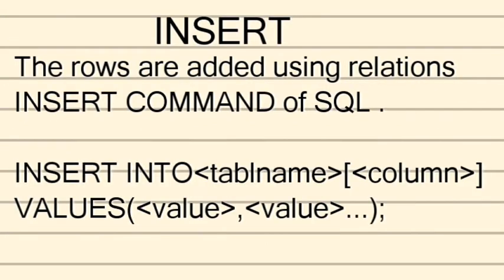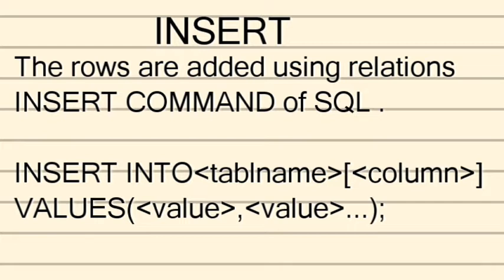Now coming to the very first thing, the insert command. Whenever I'm talking about the insert command, basically the rows are added using the insert command. What will be the syntax whenever I want to enter something into an existing table? First of all, I have to write INSERT INTO, then the table name, which table I want to insert into, and the columns that I want to insert.